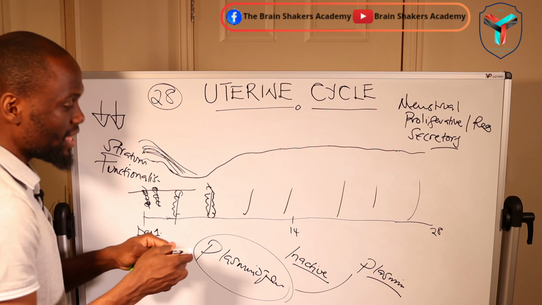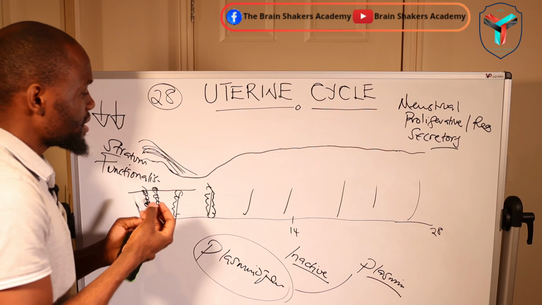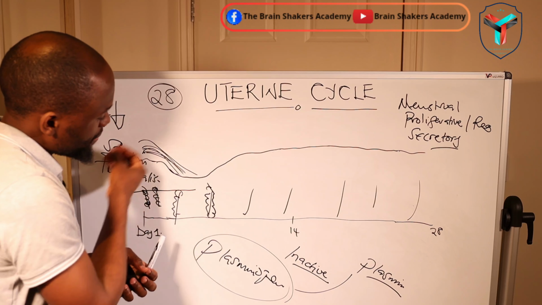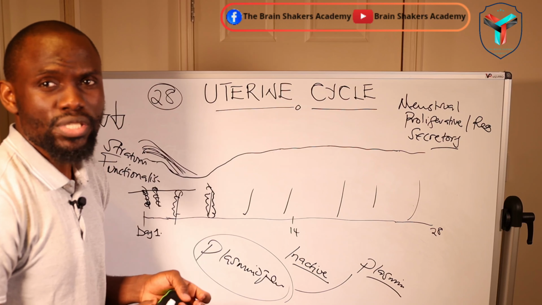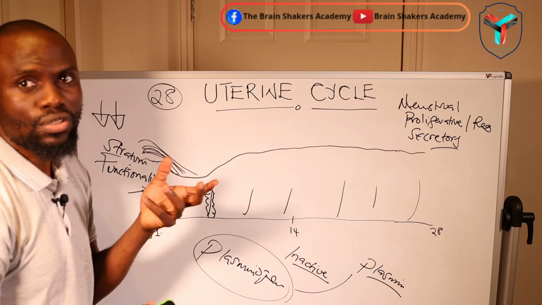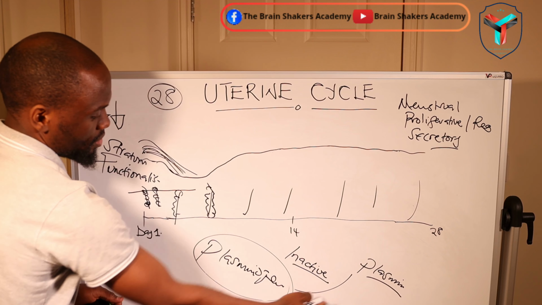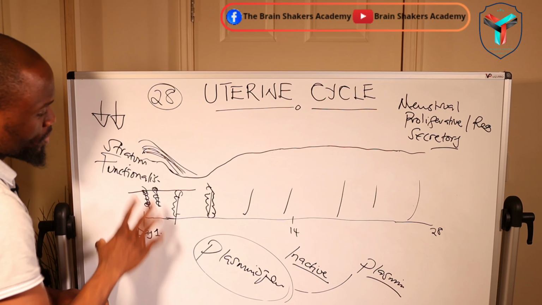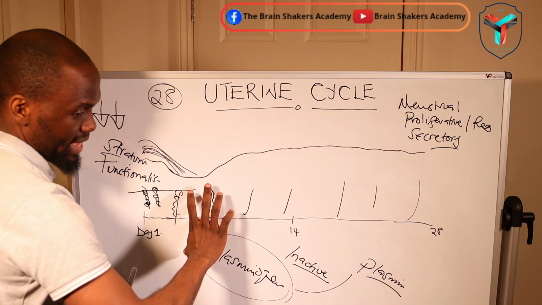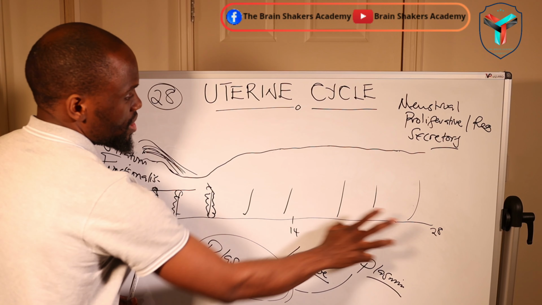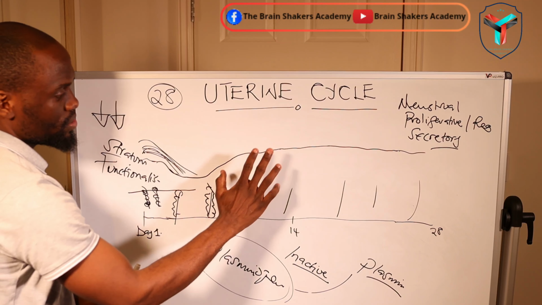The plasmin then digests the clots, so that what appears as menstrual flow will just be light bleeding and not clots. So it's the functionality of the plasmin that has been converted from plasminogen. The menstruation period marks the first stage of the uterine cycle.